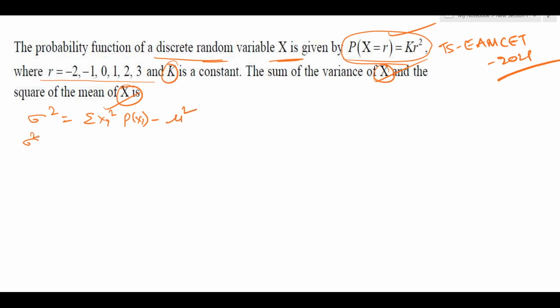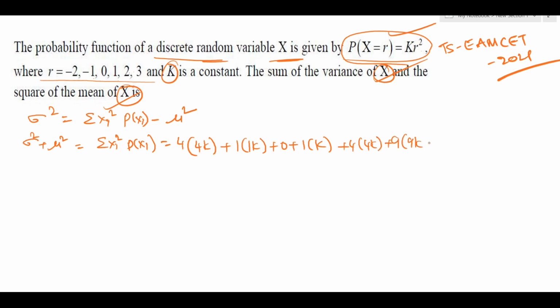From this, sigma square plus mu square is equal to the sum of xi square into P of xi, that is equal to (-2) whole square, that is 4, into 4k, plus (-1) square, that is 1 into 1k, plus 0, plus 1 into 1k, plus 4 into 4k, plus 9 into 9k.